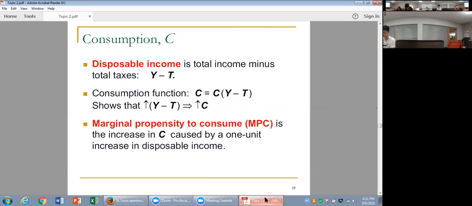In this micro understanding, I'm concerned about my disposable income, meaning my income after taxes, or Y minus T. And in Y minus T, there's a base amount I have to buy every month. That base amount is my autonomous consumption. I'm always going to buy car insurance, buy diapers for my kid.